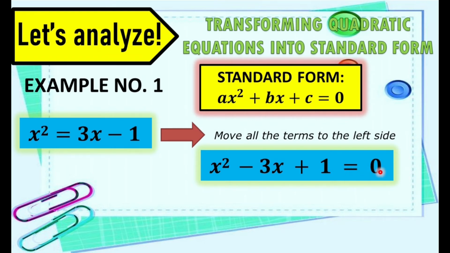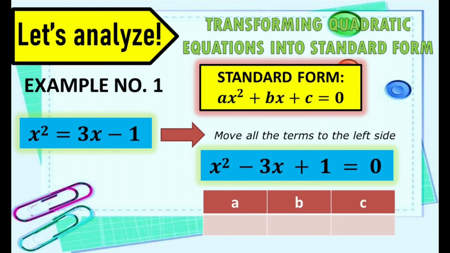We use the properties of equality in order for us to move those terms on the right to the left side of the equation. So, for our A, that would be 1, B is negative 3, and C is 1.